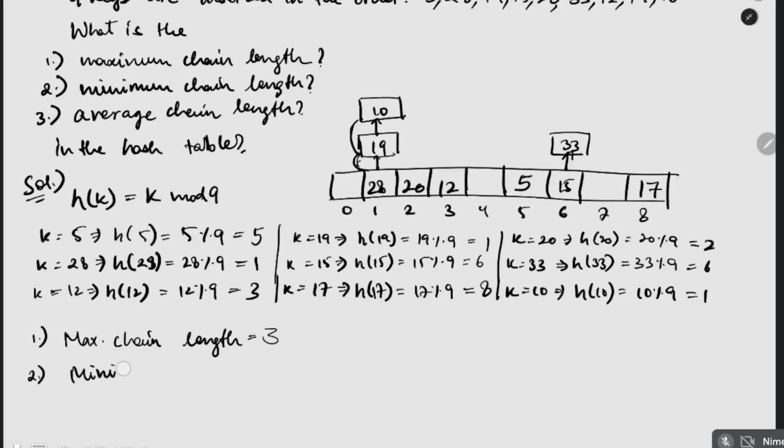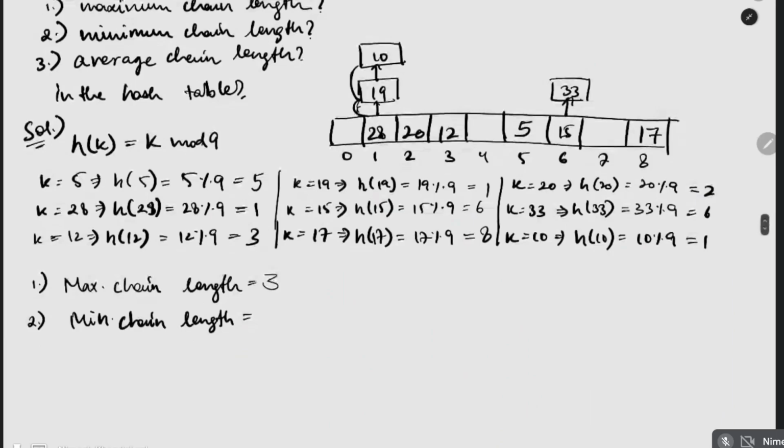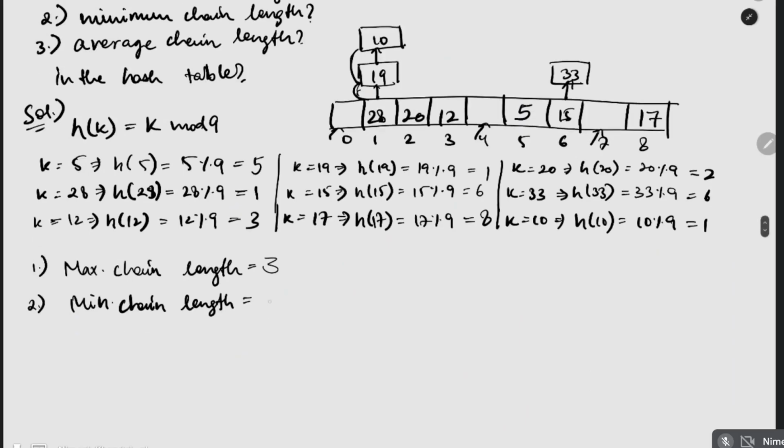For the second part, the minimum chain length, right? So there are of course empty slots in this hash table, and they represent the minimum chain length of 0 elements, 0.